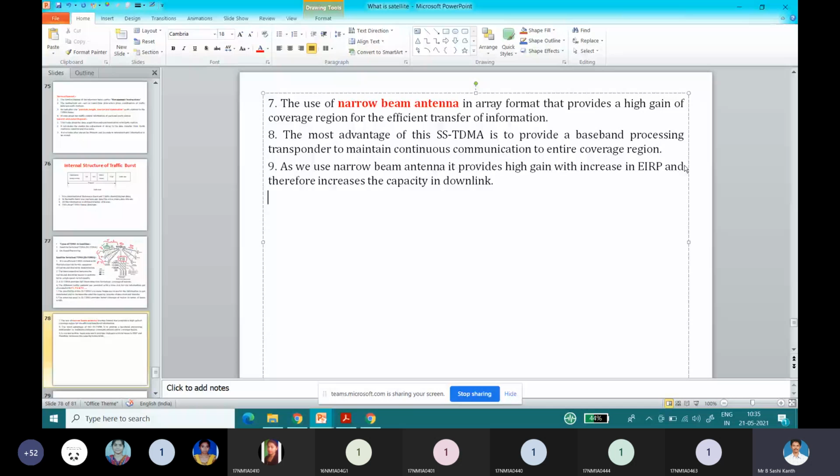So the uplink received by the satellite is demodulated to recover the bit streams.